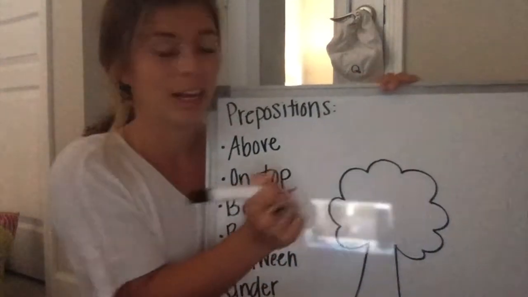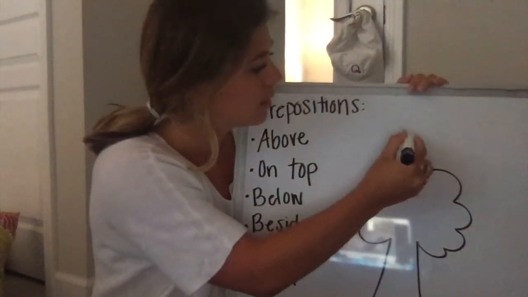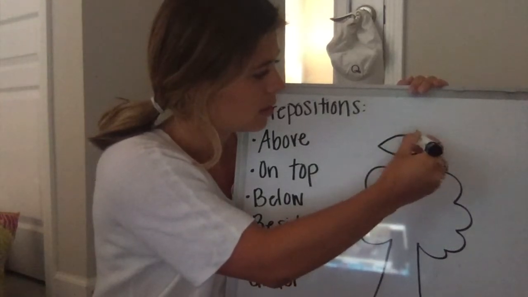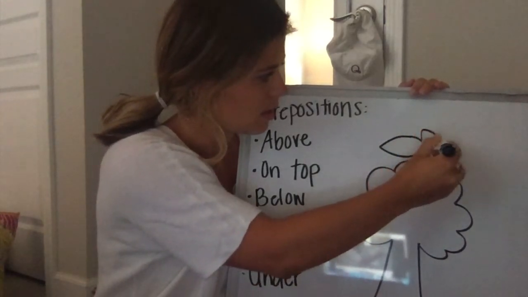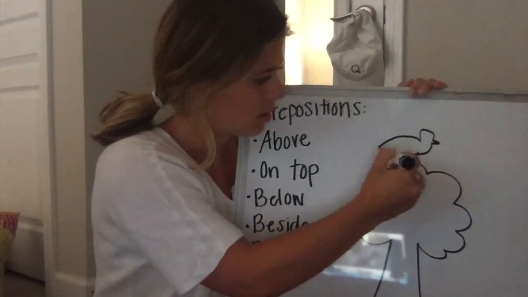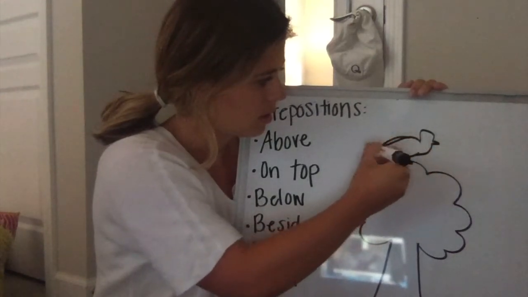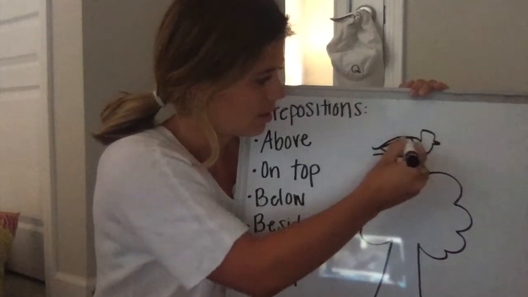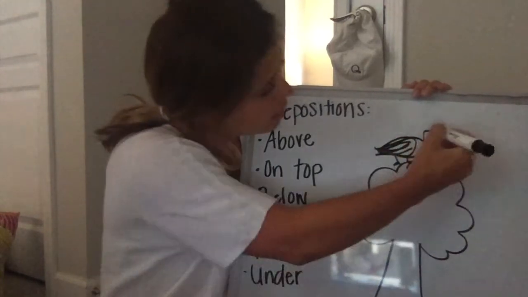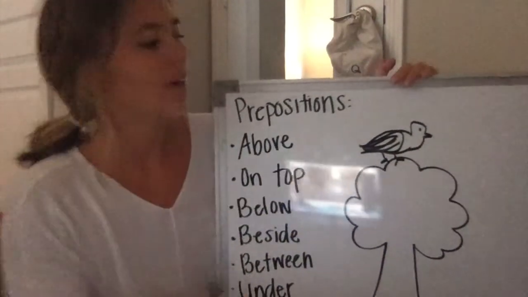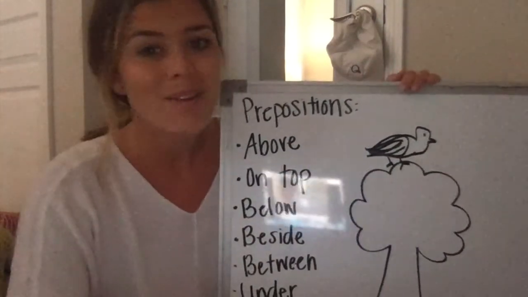Good, right here. All right, let's see what we got. What do you think? Looking like a bird? I don't know. Yeah, there he goes. Okay, so I drew my bird above my tree.